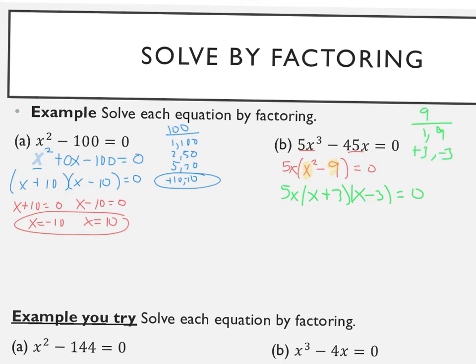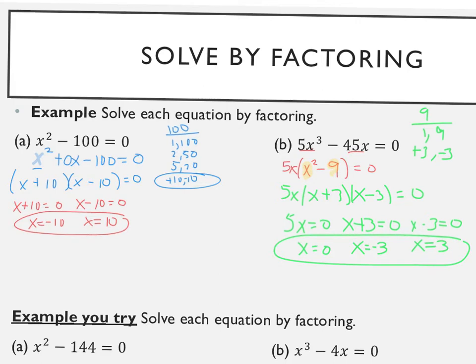Well, positive 3 and a negative 3 add to give me 0 because there's no middle term. Okay, so all that's left for us to do is to set each factored piece equal to 0. We do get x equals 0, x equals negative 3, and x equals positive 3. And remember, if we look at our biggest exponent, it's 3, and that means we should have 3 solutions, and we do.